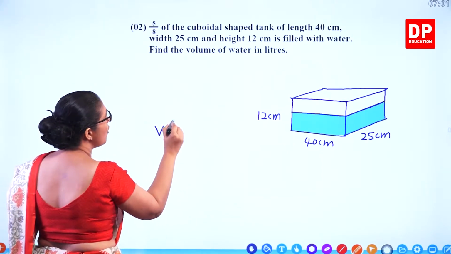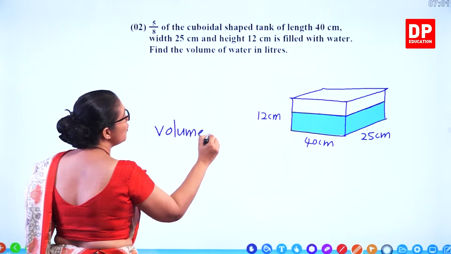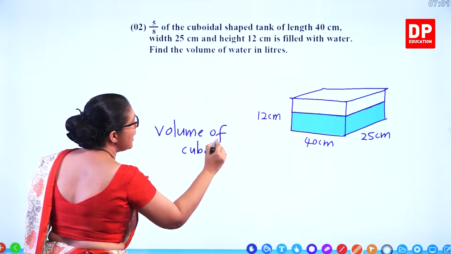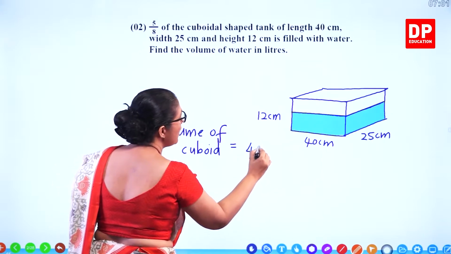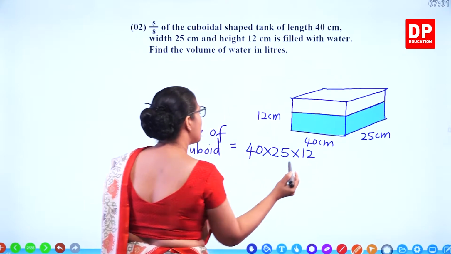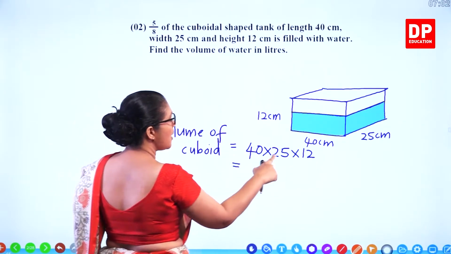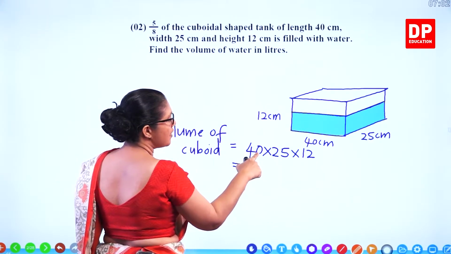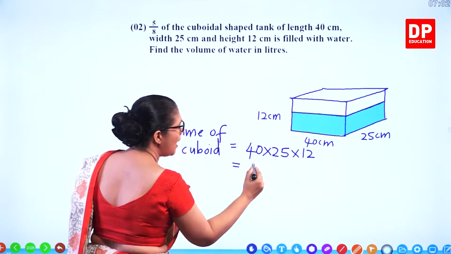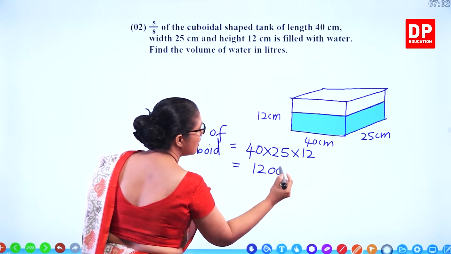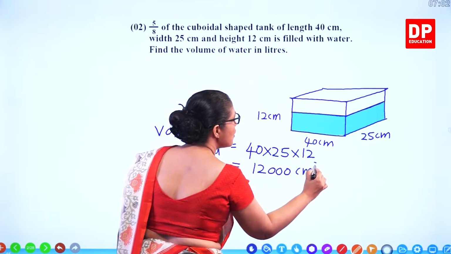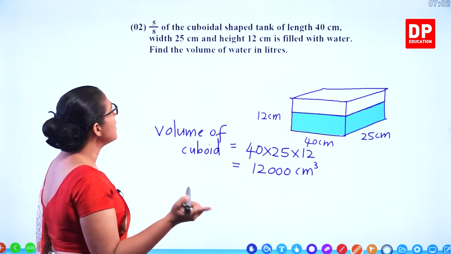Volume of cuboid is length times width times height. 4 times 25 is 100. 100 times 10, 1000. 1000 times 12. So 12,000 cubic centimeters.